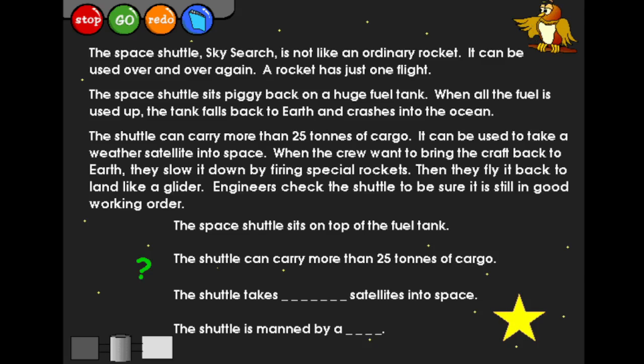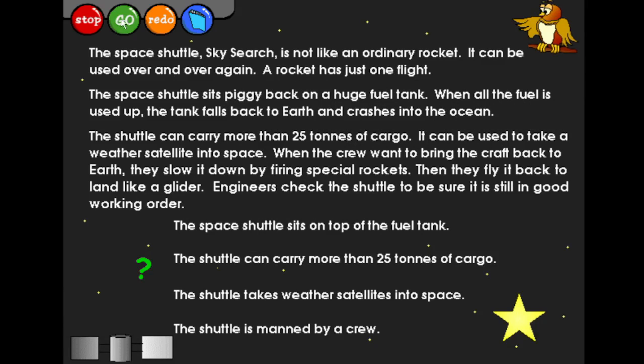The shuttle can carry more than 25 tons of cargo. The shuttle takes weather satellites into space. The shuttle is manned by a crew.